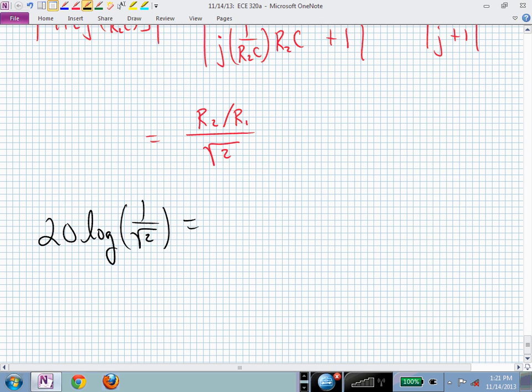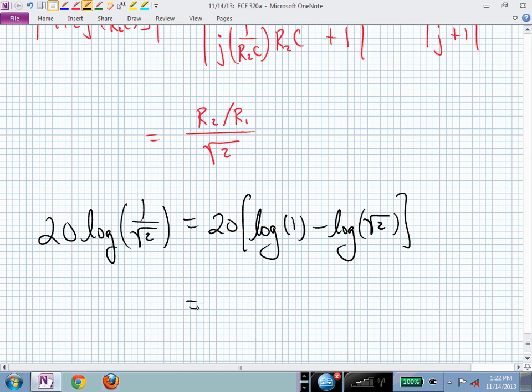Do you remember your log rules? What if I took the log of A times B? What's that equal to? Log of A times B. That's log A plus log B, isn't it? So now if I have log of A divided by B, it's log A minus log of B. So that we now have 20 times the log of 1 minus the log of the square root of 2.